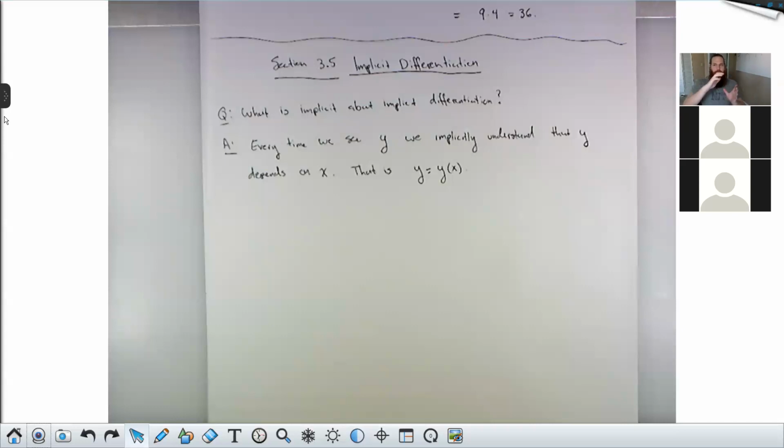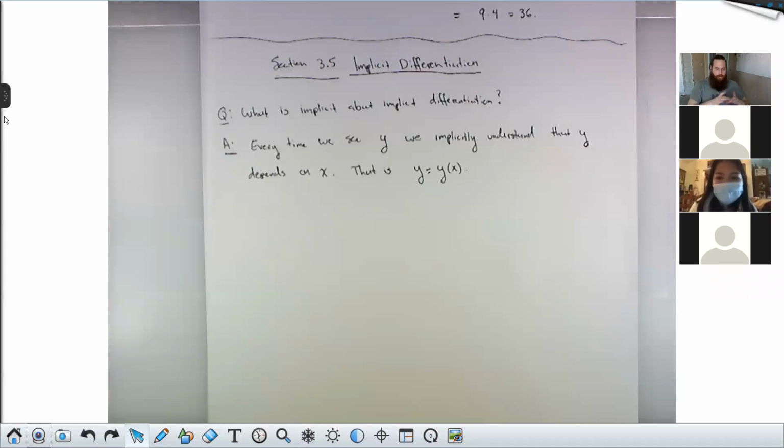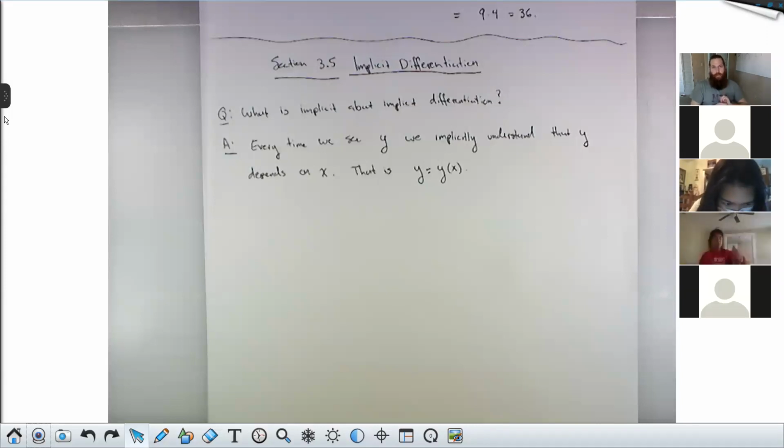The circle definitely doesn't satisfy the vertical line test, right? Y there is not a function of x. But if you zoom in on any particular piece of the circle, you can assume that it is locally, right? For that zoomed in piece, y is a function of x. So this is the kind of thing that's running in the background here.